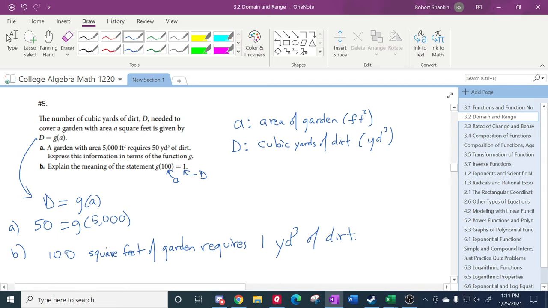If I want to know how much dirt to order and I have 100 square feet, I just need 1 cubic yard. Like this. All right, give me a little bit of feedback on number 5, please.